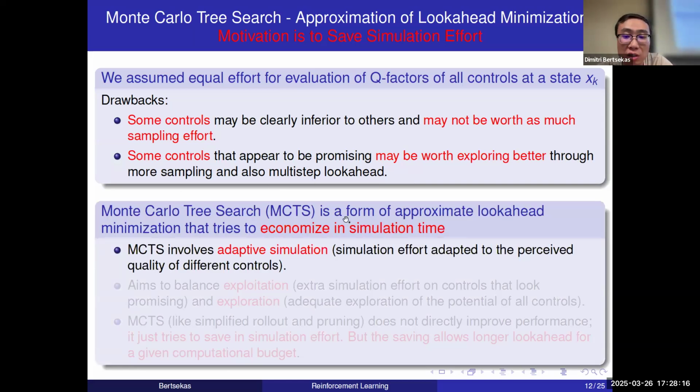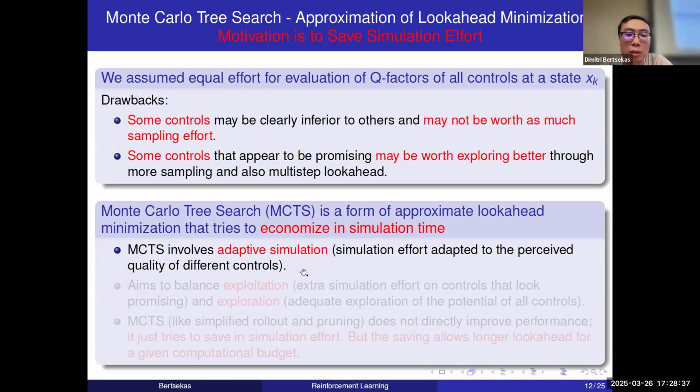And Monte Carlo Tree Search is a form of approximate lookahead minimization that tries to economize on simulation time. It involves adaptive simulation, where the simulation effort is adapted to the perceived quality of different controls.